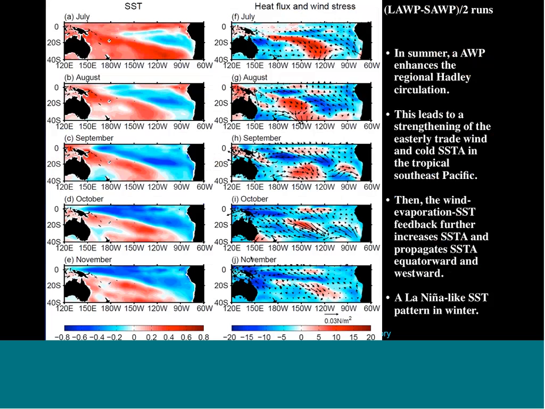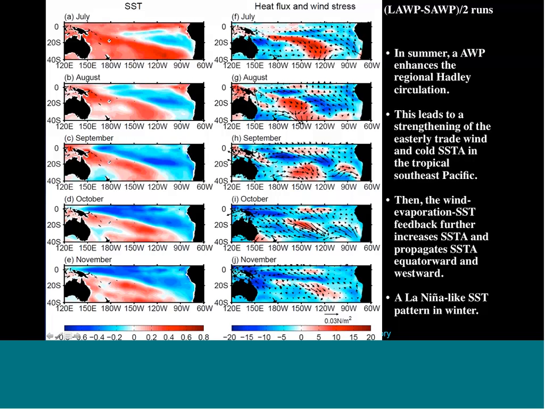What we want to see here is SST, heating flux and the wind from July to November. The left panel is SST, the right panel is the latent heating flux and wind stress. As I said, the warm pool is larger during summer, so a large warm pool will increase the regional Hadley circulation.